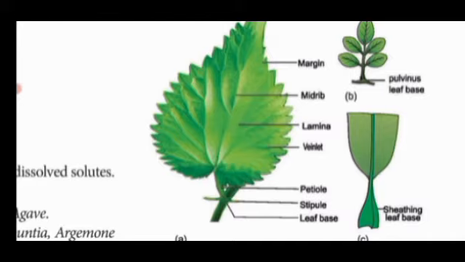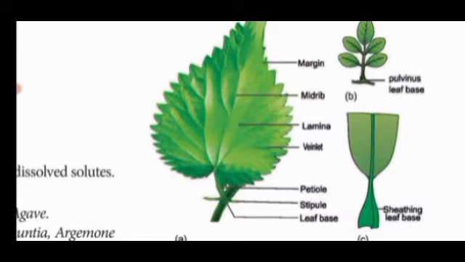It has three main parts, namely leaf base, petiole and leaf lamina. The leaf lamina contains veins. The vein is the skeletal network of the leaves.